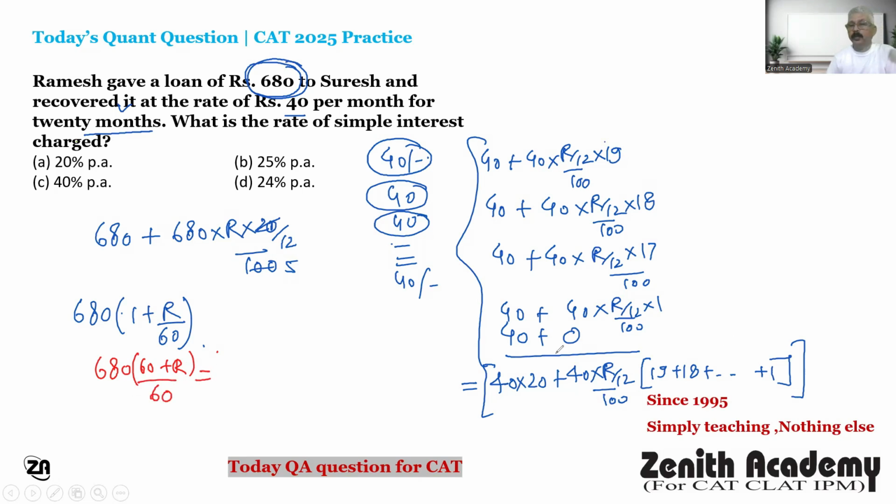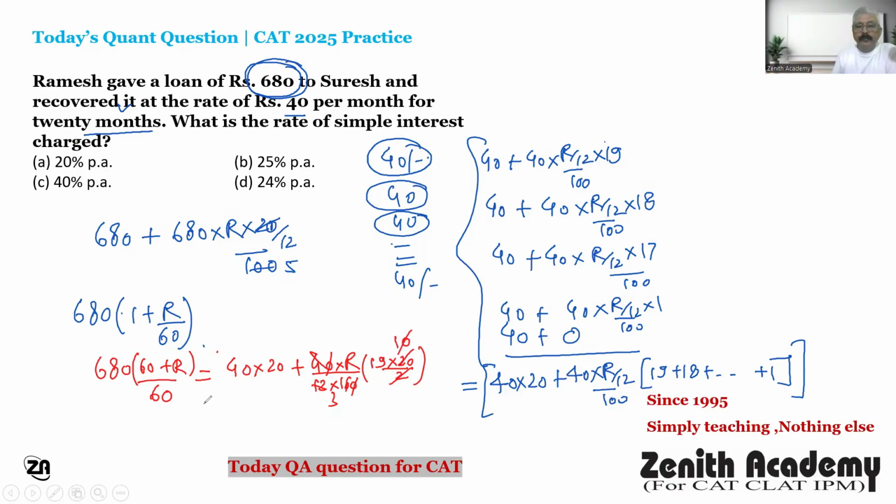This sum due should be equal to this. So here 40 into 20 plus 40 into R by 12 into 100, and inside the formula n into (n plus 1) by 2. So 19 into 20 by 2 is the sum. So this is 10, and now this is 100. These two zeros cancel.